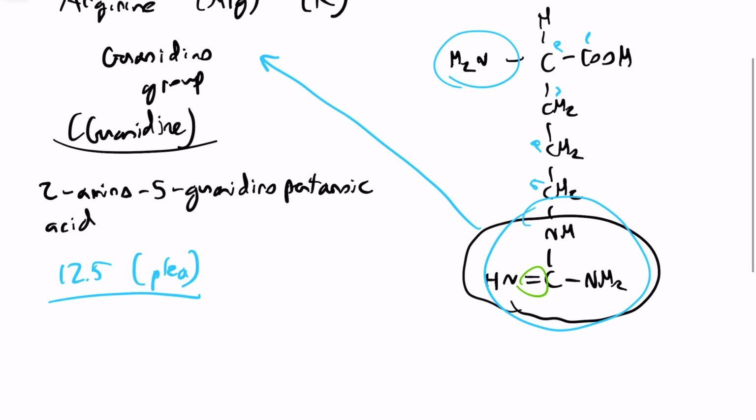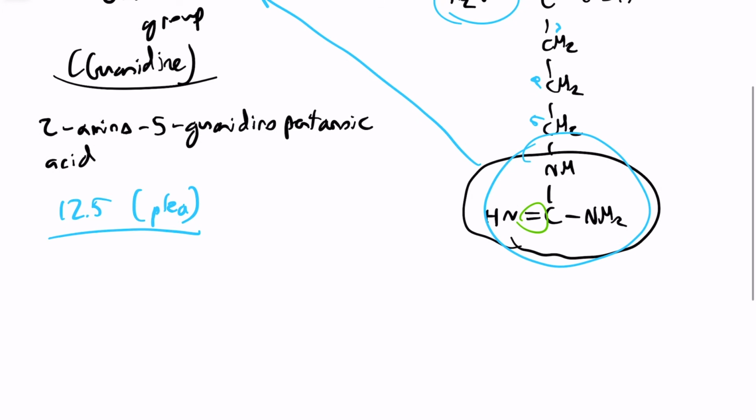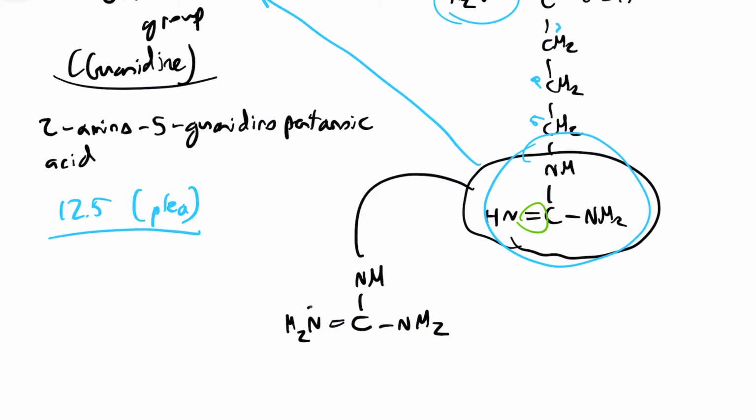Okay, so for resonance, there's actually quite a few things that can happen to this double bond, so you can kind of distribute it across any of these. So let's say that when we gain a proton, we're going to gain a proton on this nitrogen here, for example. So this is going to be positive. And then we can also do the same thing, really.